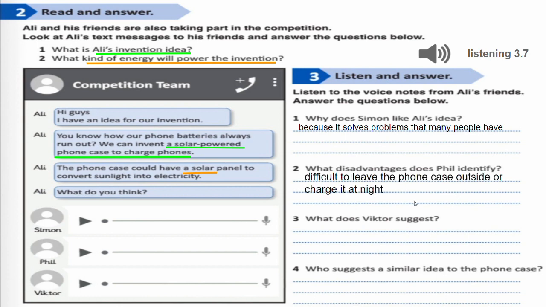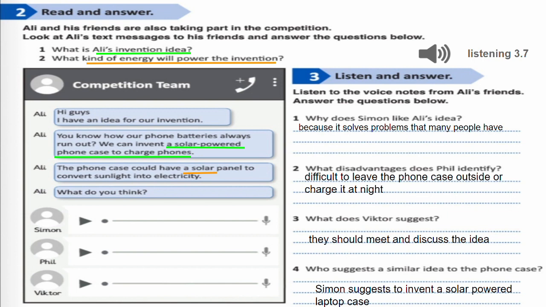Of course, here it's difficult to leave the phone case outside or charge it at night because no sun, so no solar energy. Number 3. What does Victor suggest? He suggests that they should meet and discuss the idea. And finally, Simon is the person who suggests to invent a solar-powered laptop case.